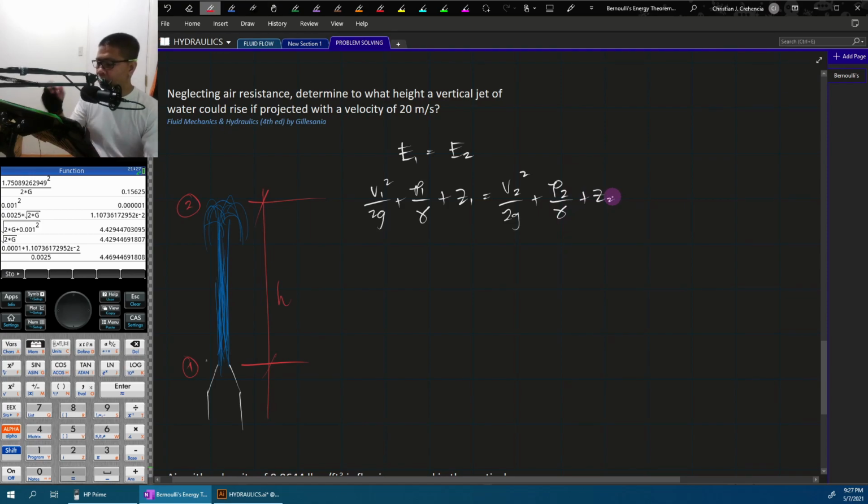Okay, so again, ulitin ko lang. So at point 1 and actually point 2, they are both exposed na sa atmosphere. So wala na tayong pressure dyan. Okay, and if we set this as our datum, yung level ng point 1, so Z1 is 0, then Z2 is yung hinahanap nating H. Okay?